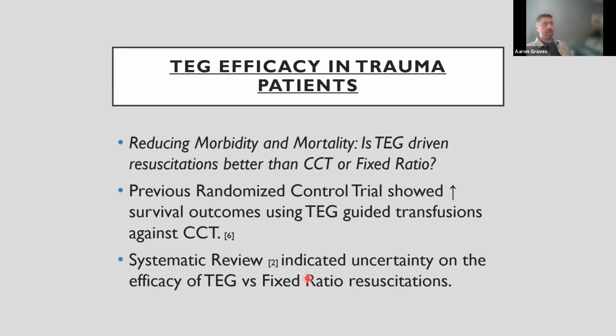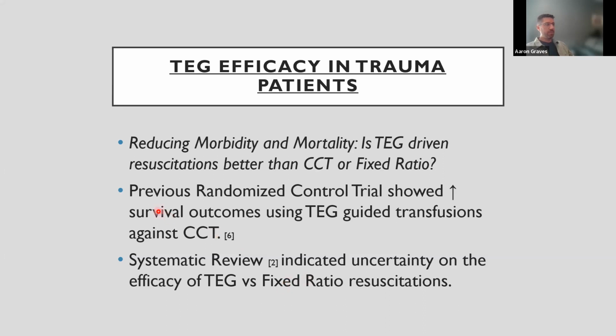So the question still being asked is, is using TEGs to drive trauma resuscitations better than conventional coagulation therapy, or using a fixed ratio, meaning when a trauma patient arrives to the ER, they're given some fixed ratio of 1-to-1 blood to plasma or 2-to-1, depending on what the hospital protocols are.